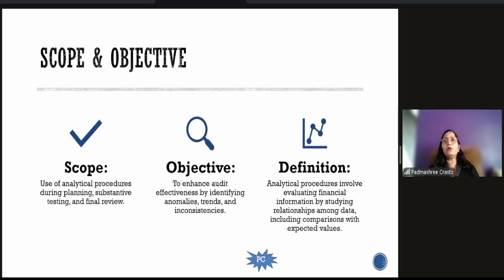Because by doing only a substantive test, you're taking out a sample and doing certain procedures on that. But if you're using analytical review, you are going to cover the entire gamut of data and then you can actually derive exceptions.